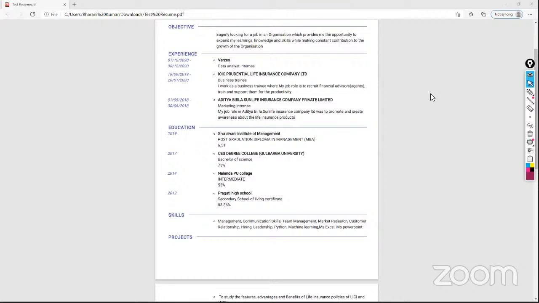Friends, whenever you want to create a resume, basics such as the side headings matter. On a lot of resumes, I've observed that these side headings are in different font or different size or different color.